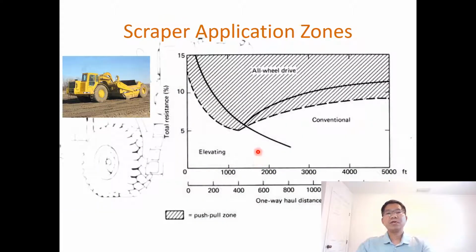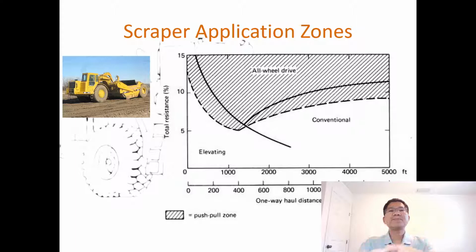As you can see here, there are two dimensions that we are looking at. The first one is the one-way haul distance, how long the haul distance should be, and what the total resistance is. Total resistance is the combination of rolling resistance and grade resistance, something we learned in lesson 3.